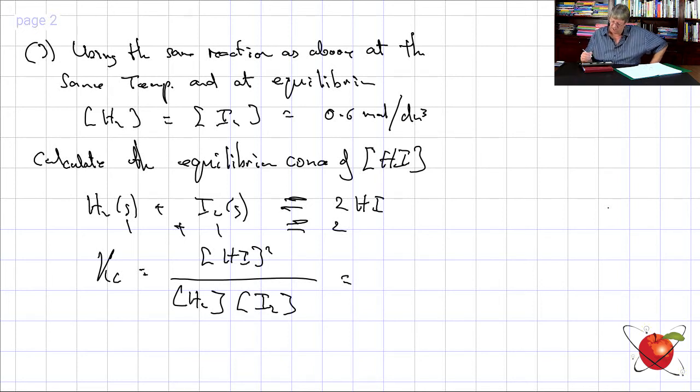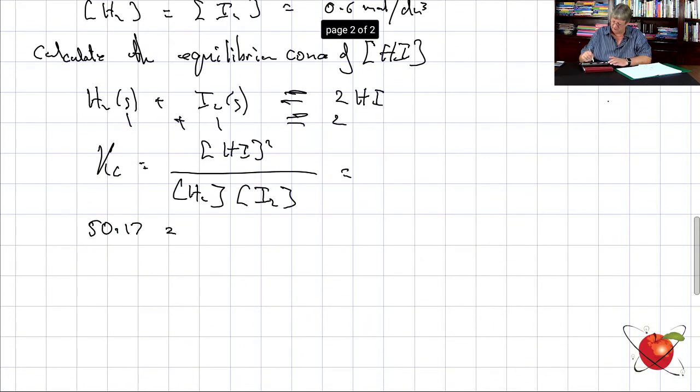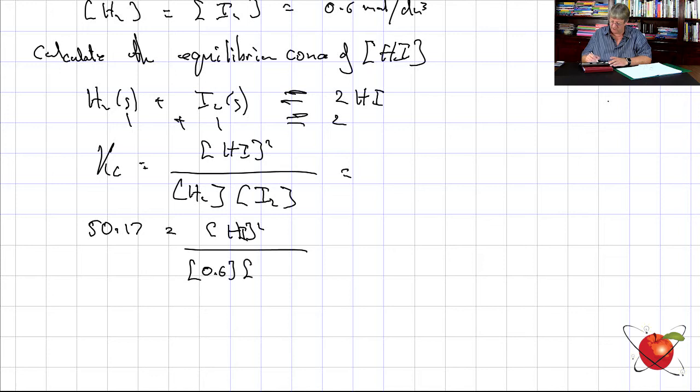So now we say Kc, we know that Kc was 50.17. I can use it. So therefore I can say the concentration of HI squared must be equal to Kc times 0.6 times 0.6. They could have told us moles and then, for example, given us a volume. Always look and make sure that you're calculating concentrations.